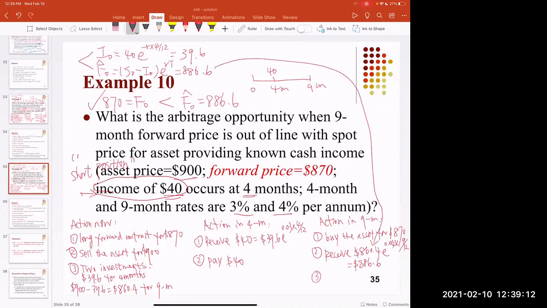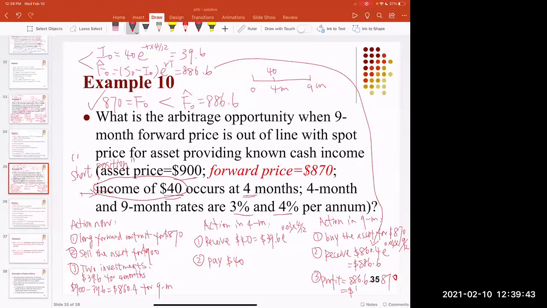And then the profit, which is the amount you receive and the amount you pay. The amount you receive is $886.6 and the amount you pay is $870. So what is the profits? What is the profits? 16.6.